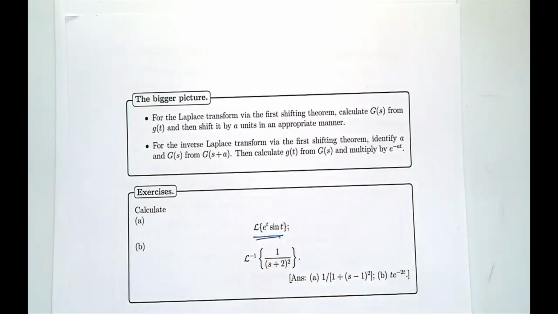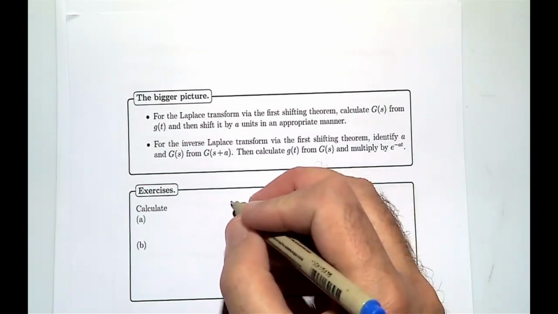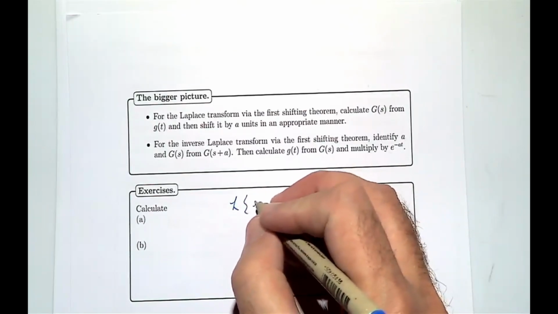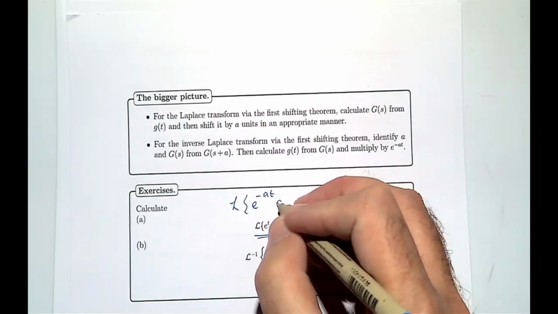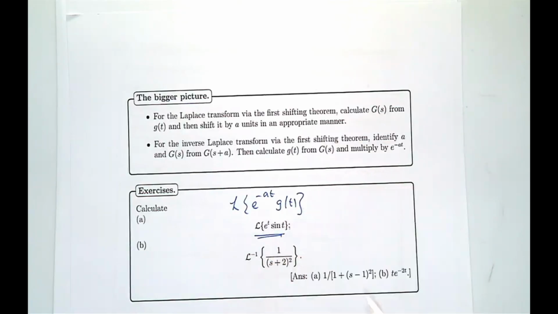You're asked to transform the product of e to the t times sine of t. So we're looking for a product involving an exponential. Who can tell me the value of a and the function g of t here?